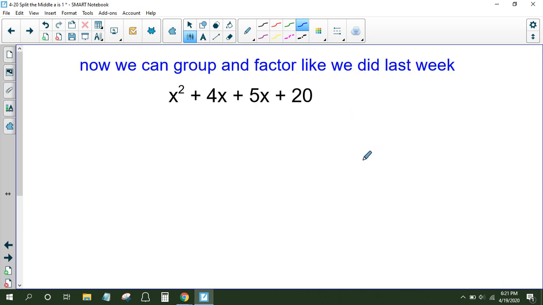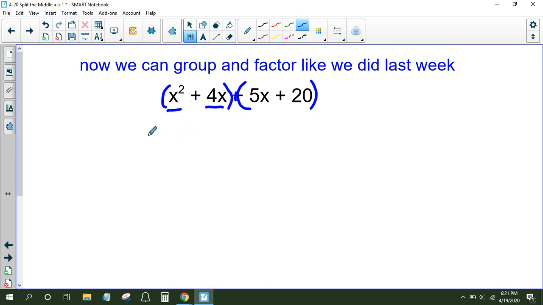Next step. Now that it's in the form that we've seen before, just like last week, we can go ahead and group and factor. Grouping the first two terms together, the x squared and the 4x, we're looking for something we can divide both of these terms by.